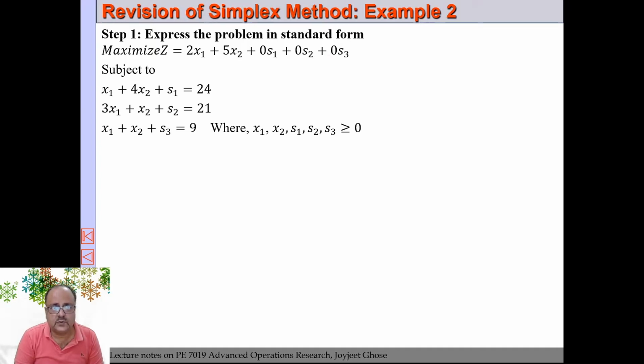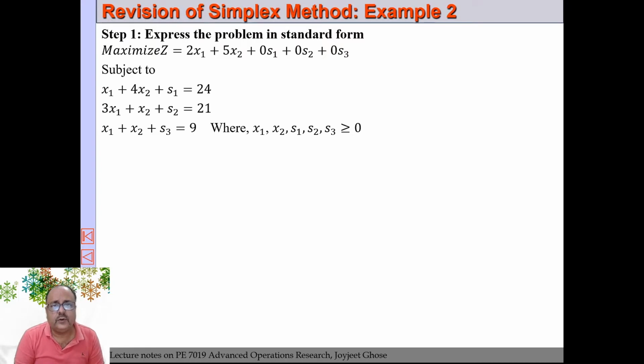This is s1 equal to 24, s2 equal to 21, s3 equal to 9. So this is my basic feasible solution. Mind you, this is not an optimal solution. We will check whether this is an optimal solution or not. Obviously this will not be an optimal solution because z will be equal to 0.